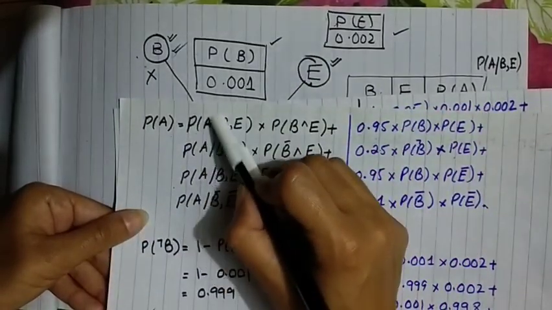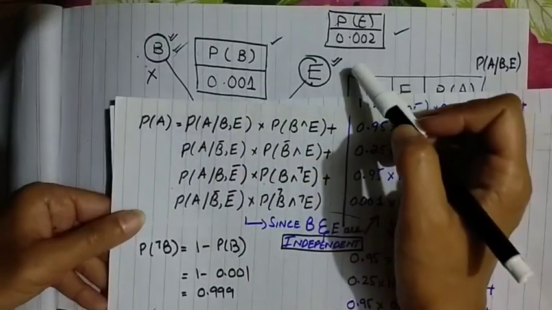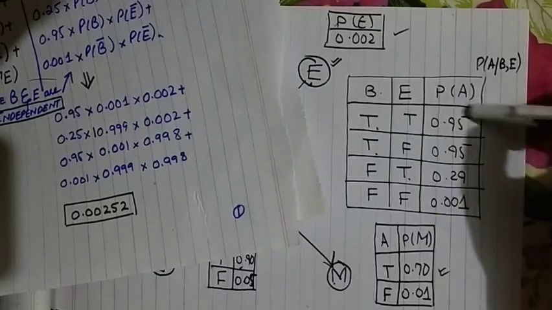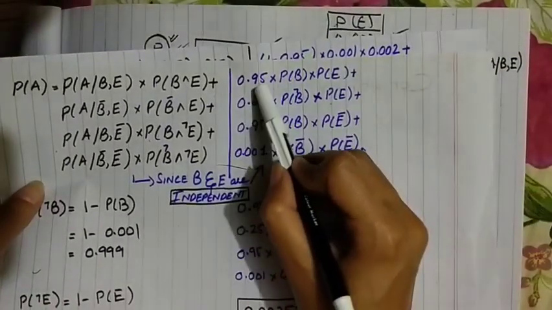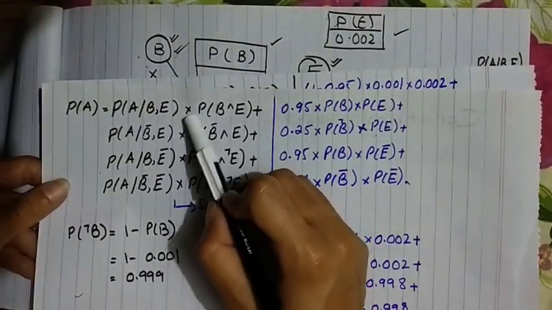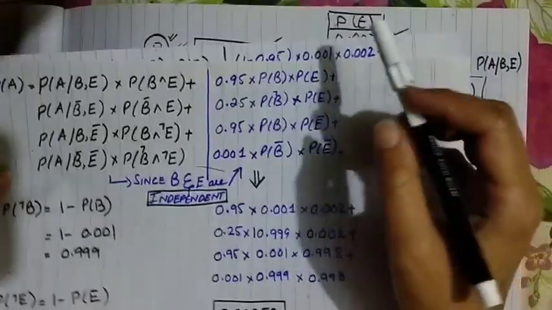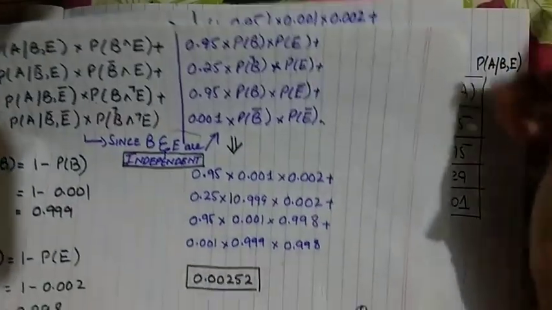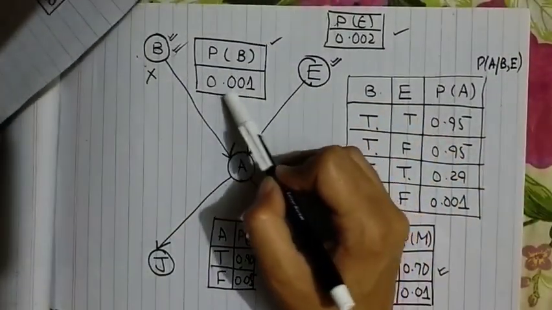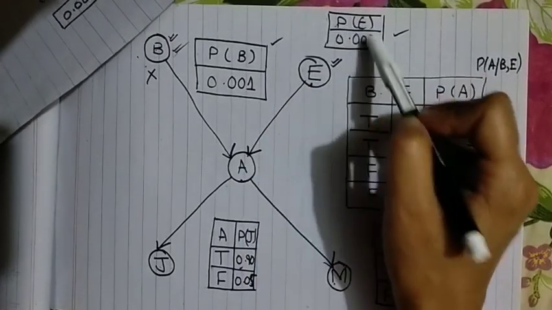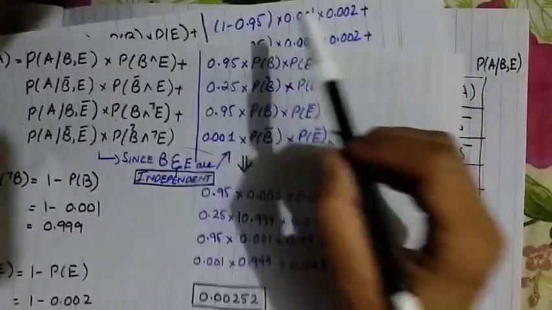For this we have all true statements, so the value for true statements is 0.95. So here it is, and then I have to multiply it with the probability of B and E, which I have further expanded here. If I place the values over here, we will see further, but the values are given to us: that is 0.001, and for probability of E it's 0.002.